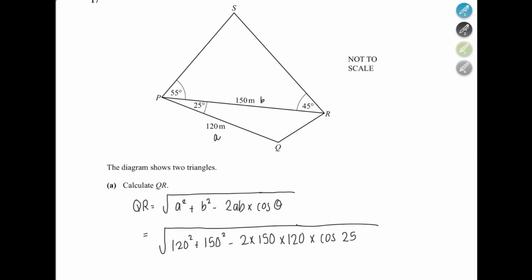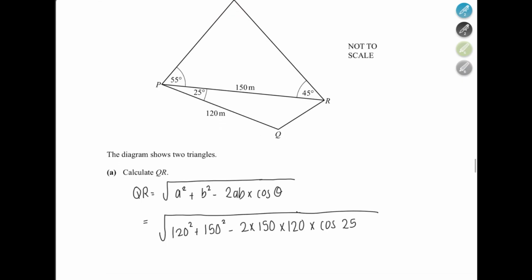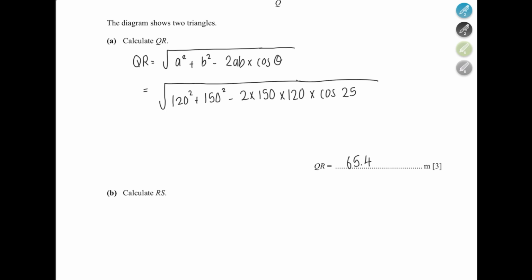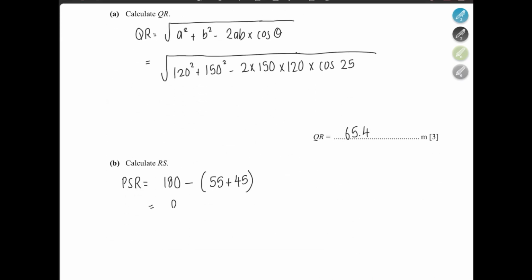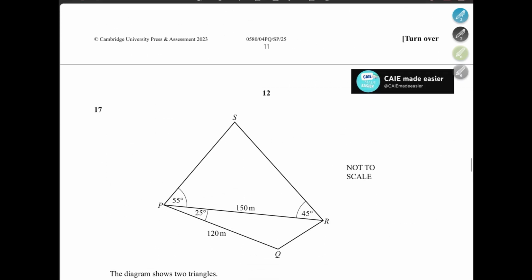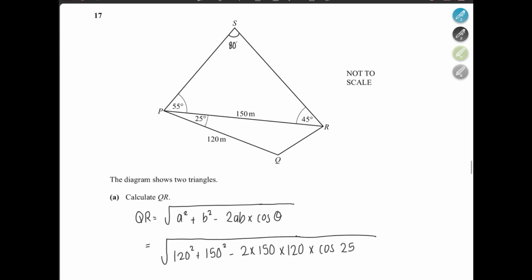Now calculate RS. This is RS. To do that, let's use the sine rule, because we can find this first. PSR equals 180 minus 55 plus 45. This would be 80. So we have 80 here. Now we can use sine rule.